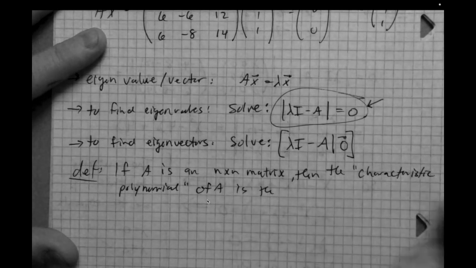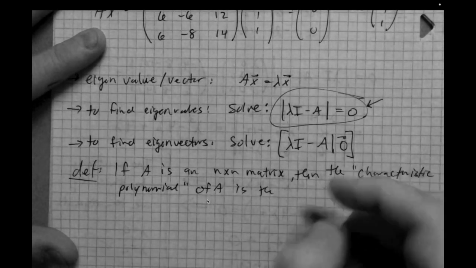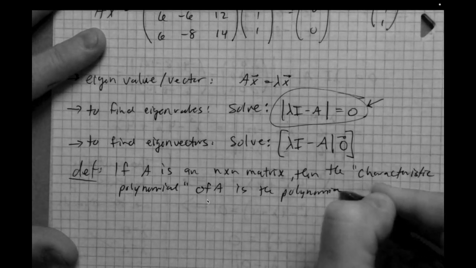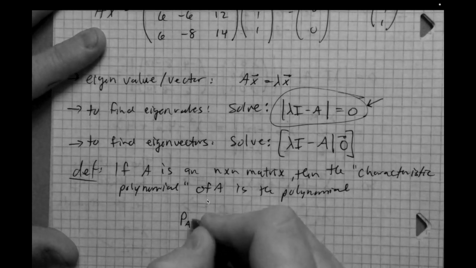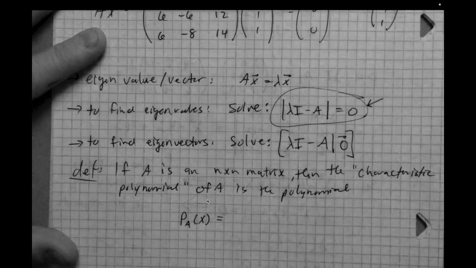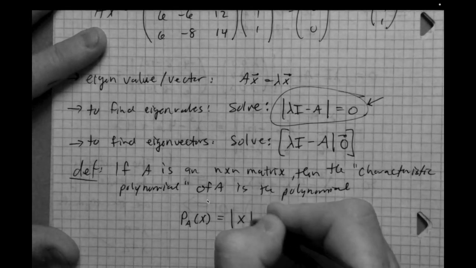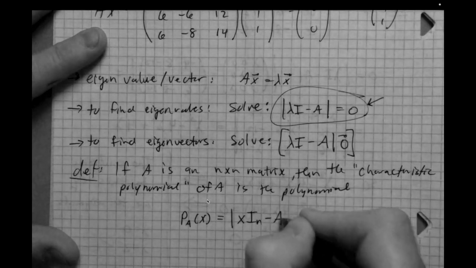If A is an n by n matrix, the characteristic polynomial of A is denoted P sub A, and it is equal to the determinant of x times the n by n identity, minus A.